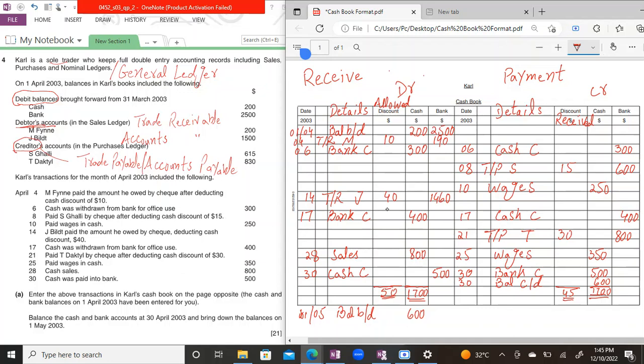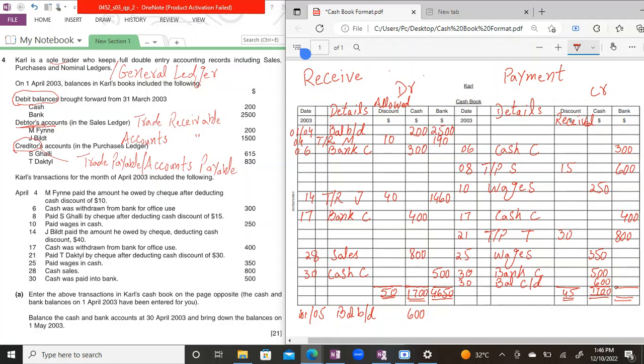And in part B, we are going to do that. Now, take the total of the bank. Again, the debit side is greater. So the total of the debit side is 4,650.